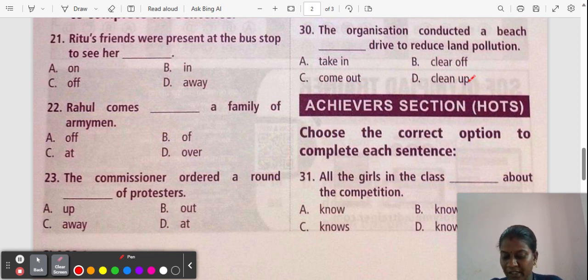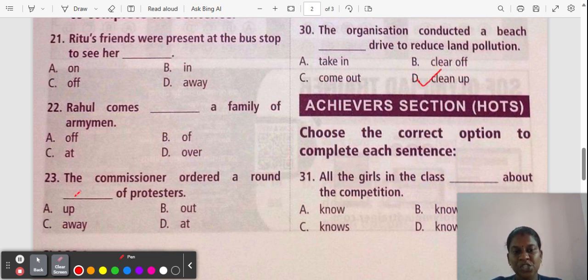Take in means to allow somebody. Clear off means remove. Come out means remove from the place. Clean up means make things clear and free of dirt. So here the answer is clean up. Option D, clean up, is the correct answer.